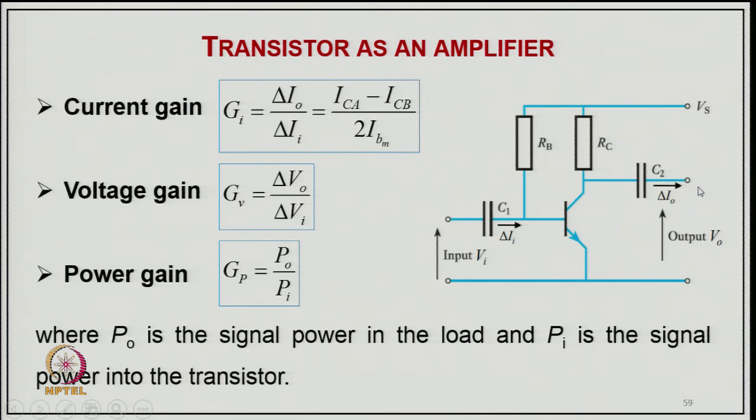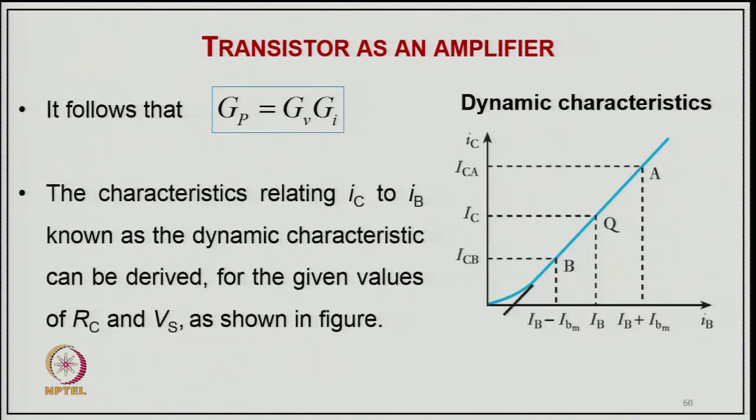The power gain will be PO upon PI, where PO is the signal power in the load at the output, and PI is the signal power at the input of the amplifier circuit. So, the power gain GP equals voltage gain multiplied by current gain, GP equals GV into GI.